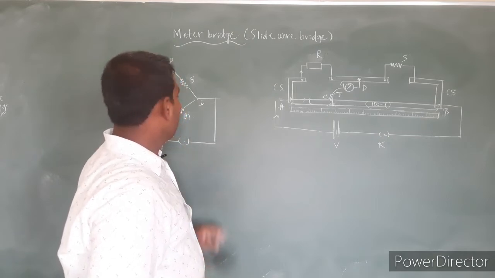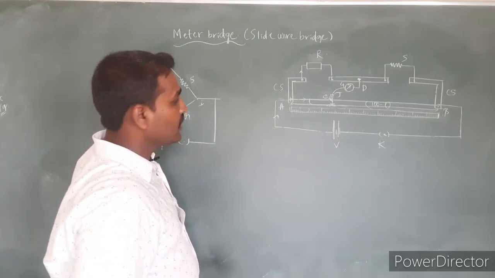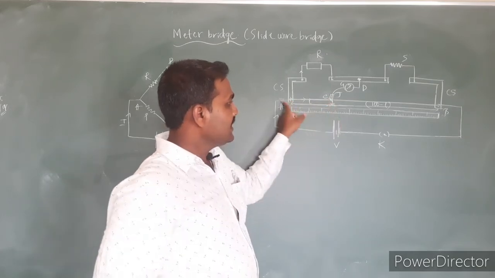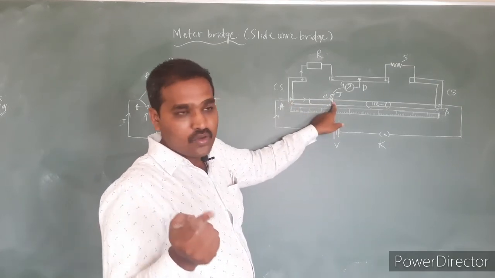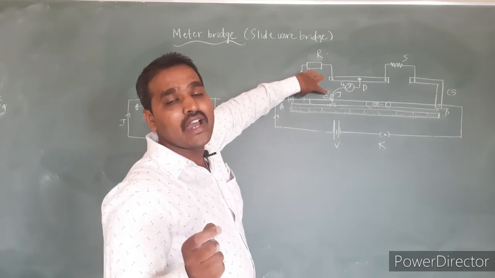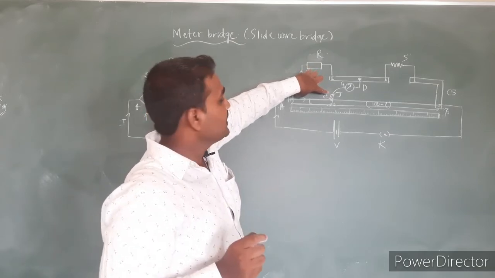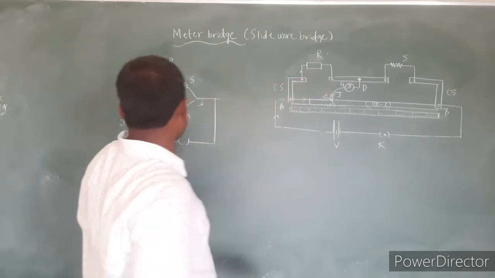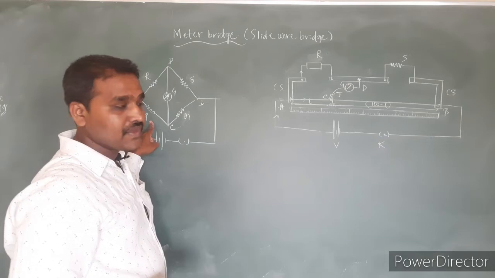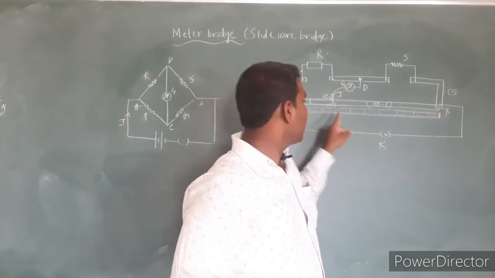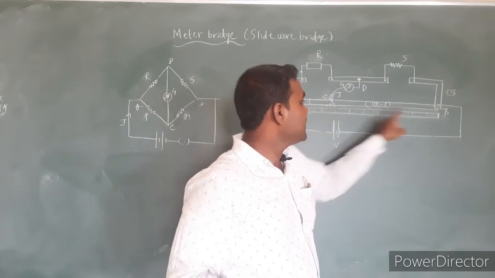Then what is this resistance P? Look at this. Whatever this part of the wire is, AC is some metal wire, having length of L. We know any metal wire has some resistance. The resistance of this part of the wire, I am writing as P, and the resistance of the remaining metal wire is of length CB.